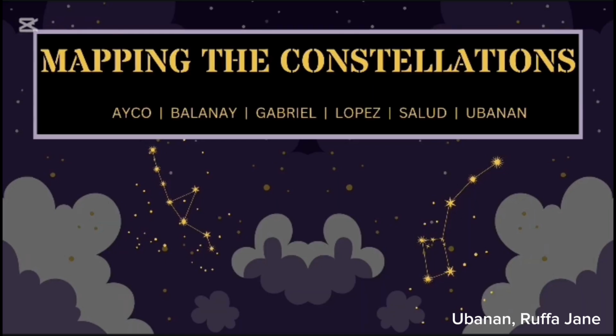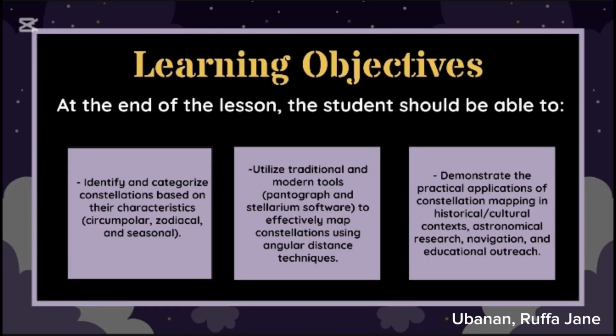Today, I will be discussing mapping the constellation. But first, let us know our learning objectives. First, identify and categorize constellations based on their characteristics, whether they are circumpolar, zodiacal, and seasonal.